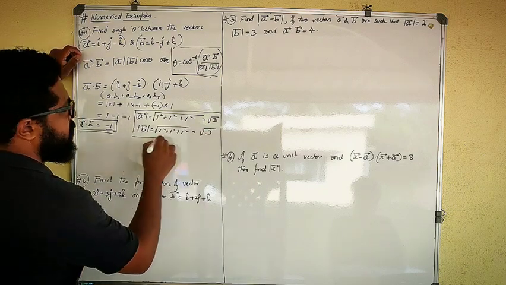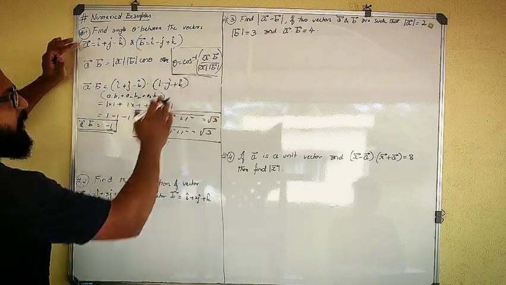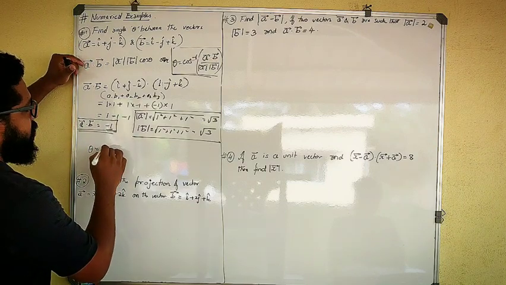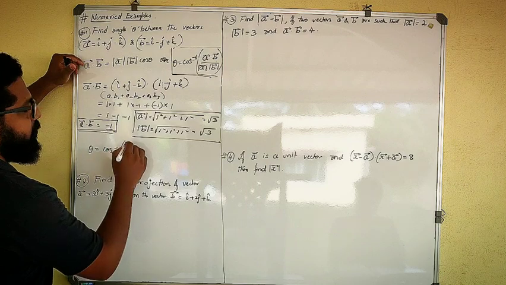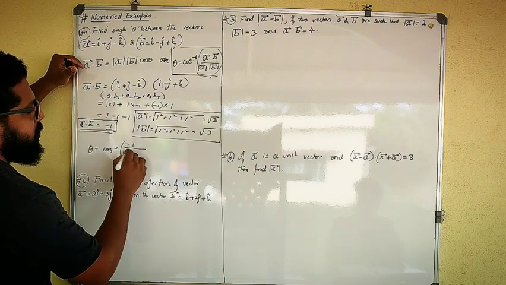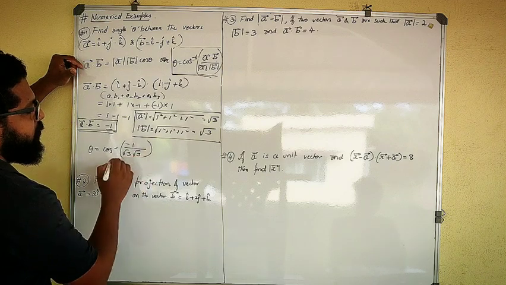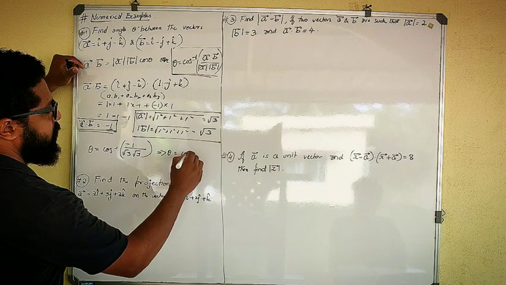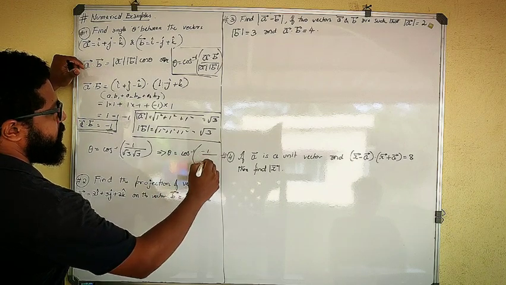So I have all these things in my formula now. So now I will substitute in cos inverse: A dot B is minus 1, and root 3 into root 3. Right? Root 3 into root 3. This I can further write as theta is equal to cos inverse of minus 1 by 3.